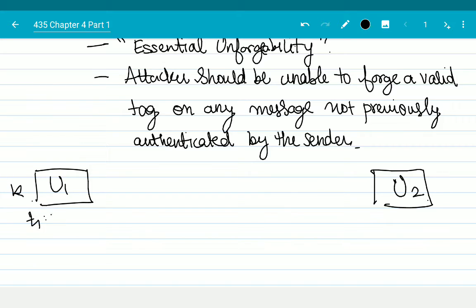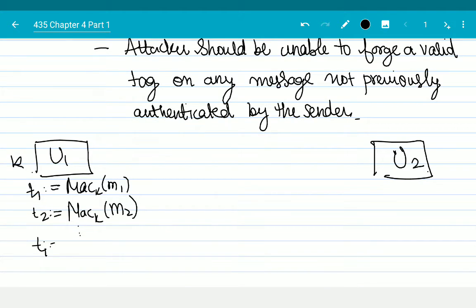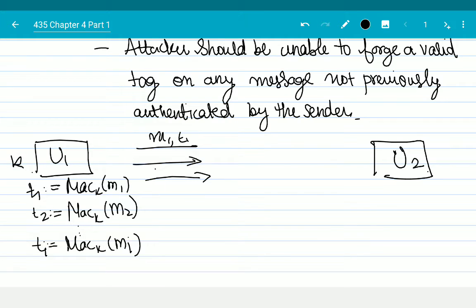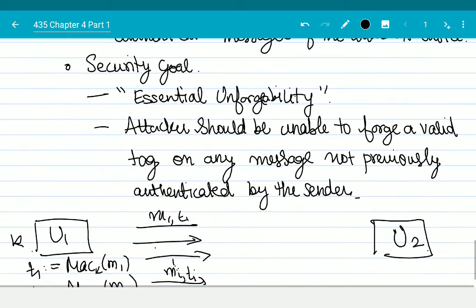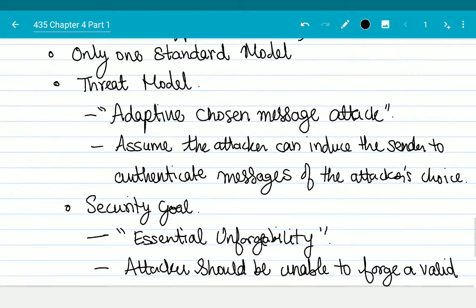They are going to send T1, which is MAC_k(M1), T2 equal to MAC_k(M2), and so on, Ti equal to MAC_k(Mi). All of these messages get sent: M1 T1 dot dot dot Mi Ti. Since the user is sending them, all of these are going to be verified.